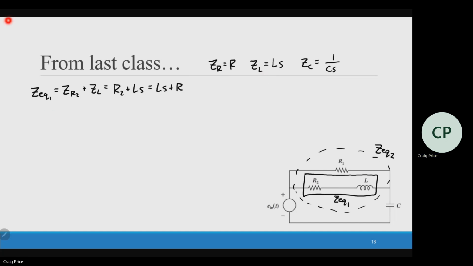So we've got 1 over Z equivalent 2 is equal to 1 over ZR1 plus 1 over Z equivalent 1. So this is 1 over R1 plus 1 over LS plus R2.